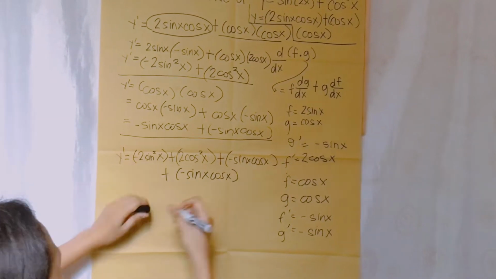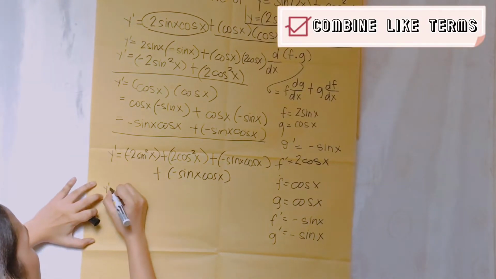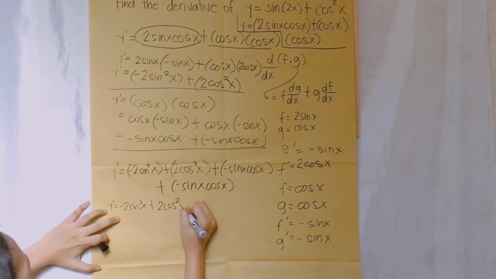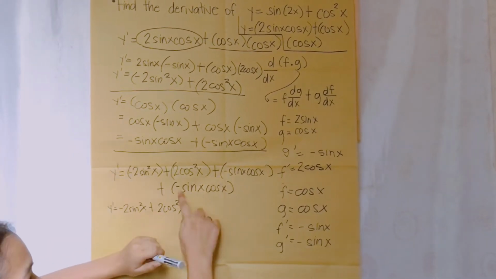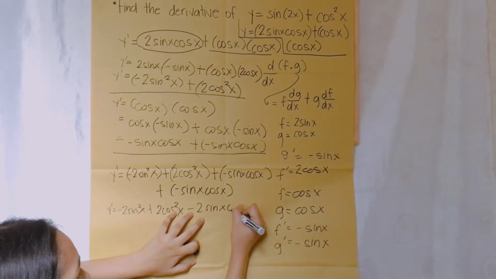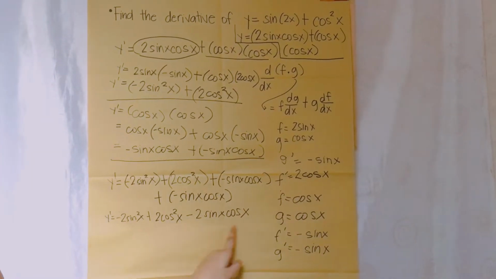So we just have to combine like terms. Negative 2 sine squared x plus 2 cos squared x. And adding the same terms, we'll have negative 2 sine x cos x. It's also acceptable as a solution.